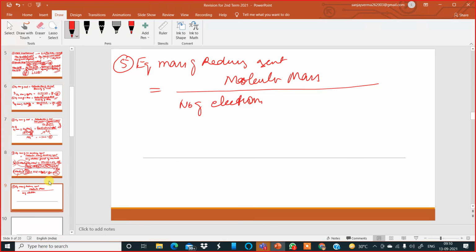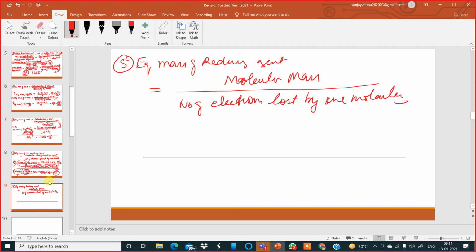Reducing agents lose electrons and reduce somebody, but they themselves get oxidized. It is the number of electrons lost by one molecule of the reducing agent. This is one formula which can be used to get the equivalent mass of the reducing agent. We can talk about oxalic acid.